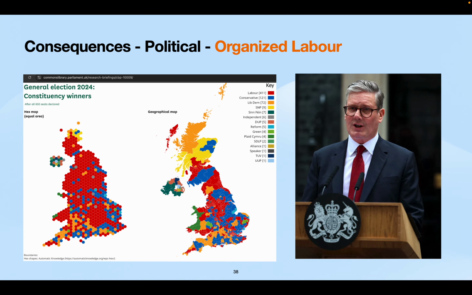Let's zoom in on the Labour Party, founded in 1900. Its mission was simple but bold: get the working class into Parliament. So they finally had a real political voice in the House of Commons.